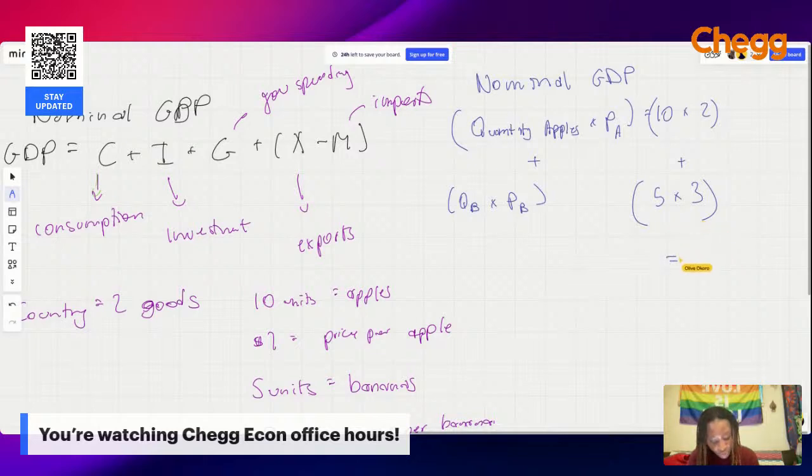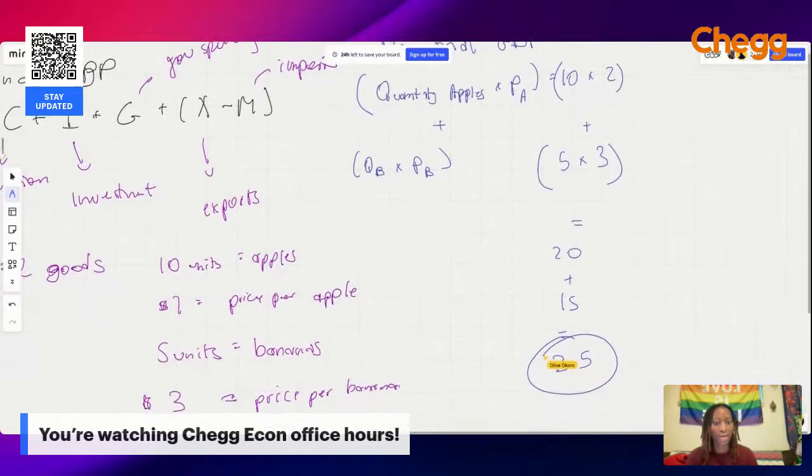And that's going to give you 20 plus 15 equaling 35. And that's going to be your solution, the nominal GDP.